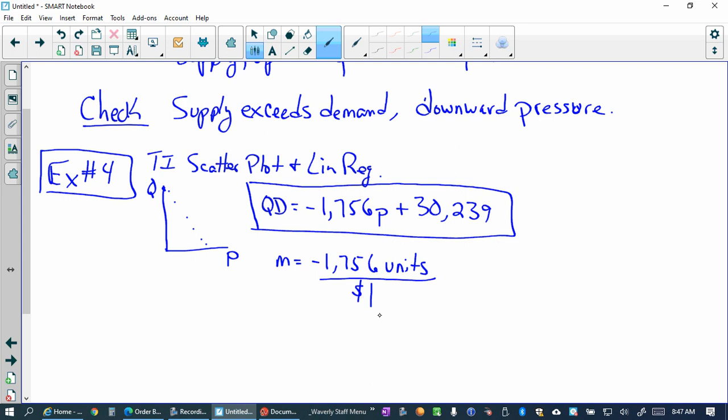So for every $1 increase, we have a decrease of 1,756 units demanded.